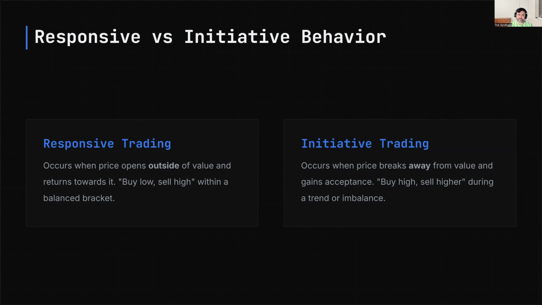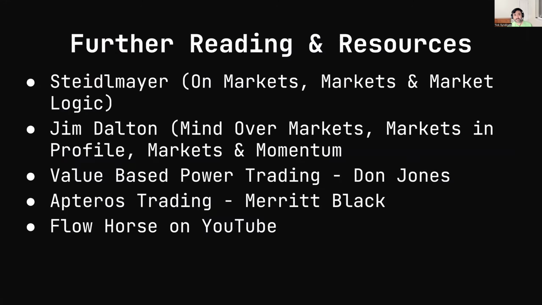I think this is only something like 12% of days, but you do see initiative behavior within a trading day. It doesn't mean the entire session is going to be continuously printing higher highs every 15-minute candle. You can look for initiative trading in pockets throughout the day, and I use order flow to understand when that's happening.